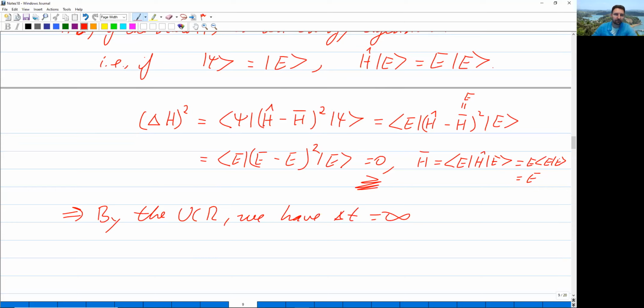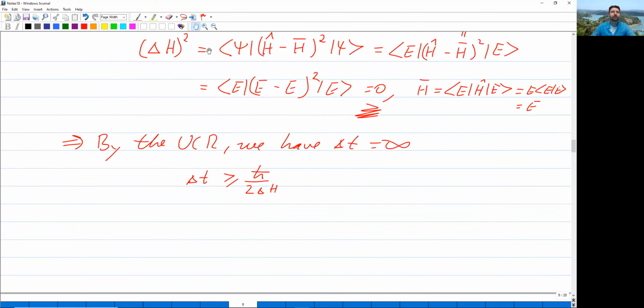Because we have delta T larger or equal to H bar over 2 delta H. And if delta H goes to 0, delta T goes to infinity. This is weird, isn't it?